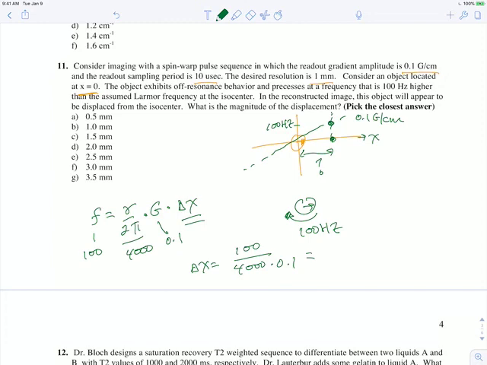Does that work out? Must be missing something. Let's look at the answer. Oh, okay, it's in millimeters, that's what got me confused. So this is 0.25 centimeters, which is equal to 2.5 millimeters. So if I'm out at 2.5 millimeters away from isocenter, I'll be precessing at 100 hertz. And therefore, a spin at isocenter that's precessing at 100 hertz will appear as if it's moved. Any question on that?